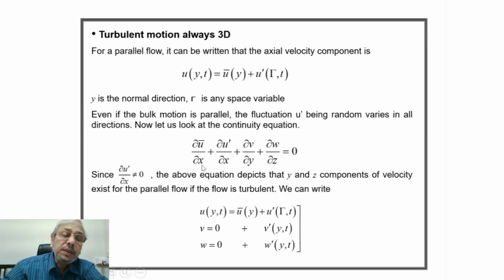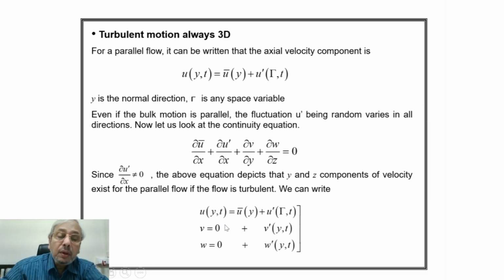But in this equation, since u prime is present, ∂u'/∂x is not equal to 0, which demands that there is some v prime and there is some w prime.